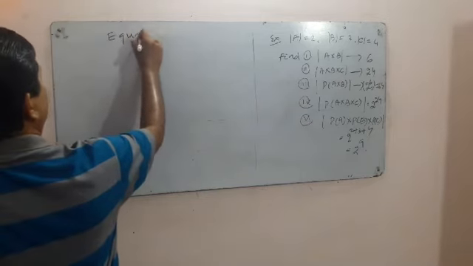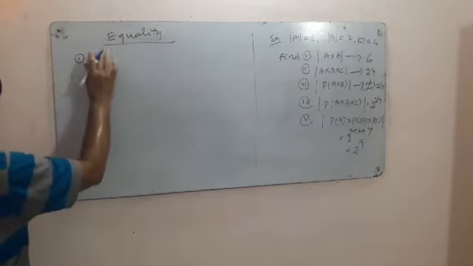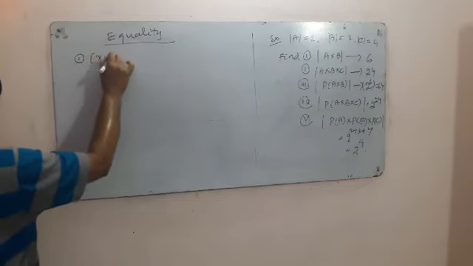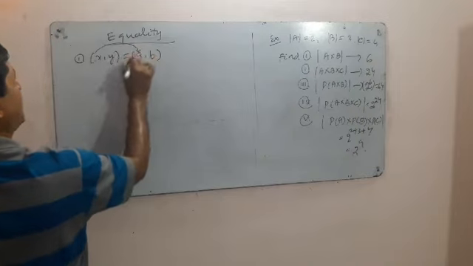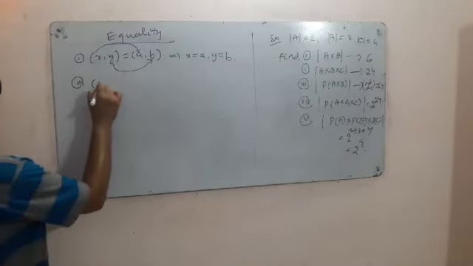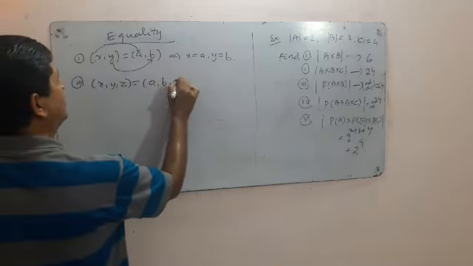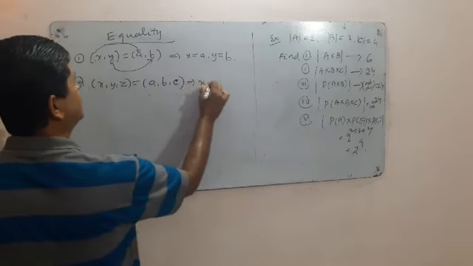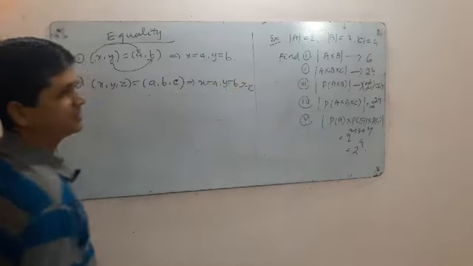Right. Now come to the equality of ordered pairs. First, if x comma y equals a comma b, then x will be equal to a and y will be equal to b. Second, x comma y comma z equals a comma b comma c implies x is equal to a, y equal to b, z is equal to c.